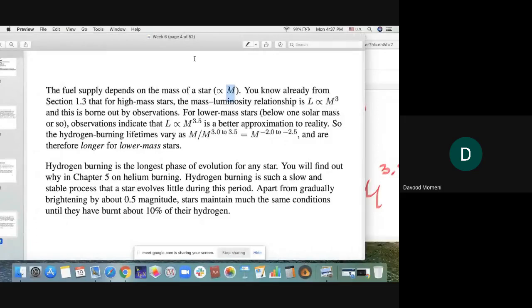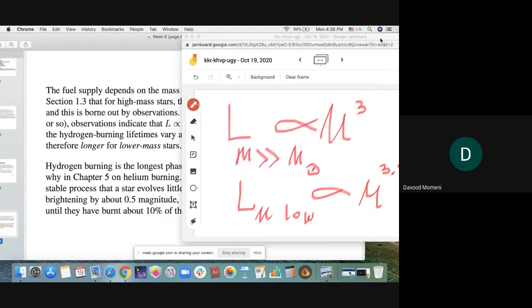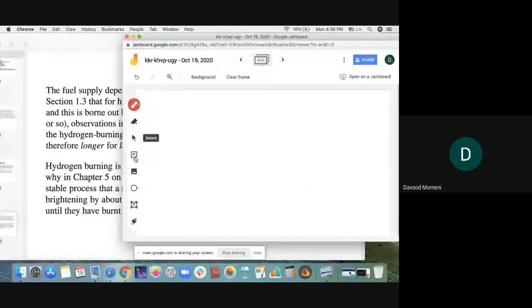So to get the answer for the hydrogen burning lifetime, you remember the previous slide, the lifetime was proportional to the energy, and energy, according to special relativity, is proportional to the fuel supply, or the difference of the mass.